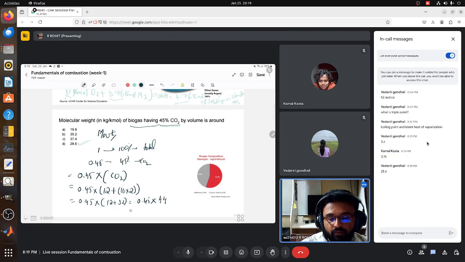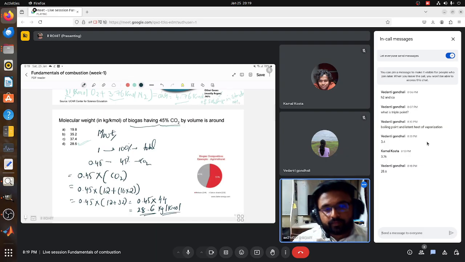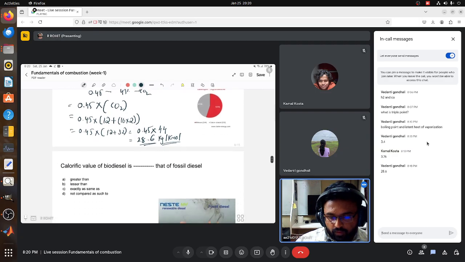If you multiply it, you will get a value of 28.6 kilogram per kilomole. So this will be the molecular weight of biogas having 45% carbon dioxide. I hope that is clear. Let's move on to the next question.